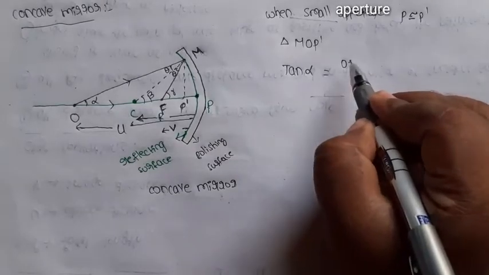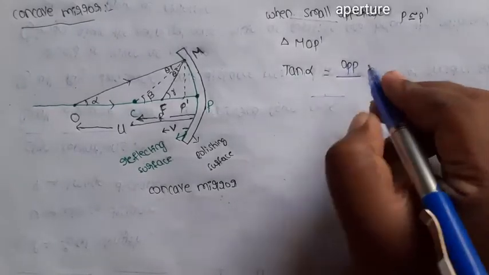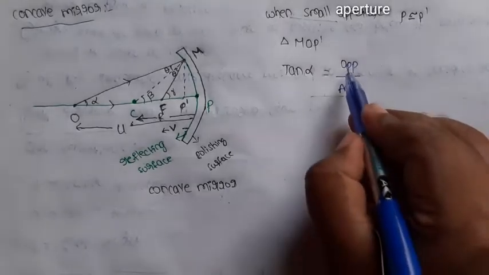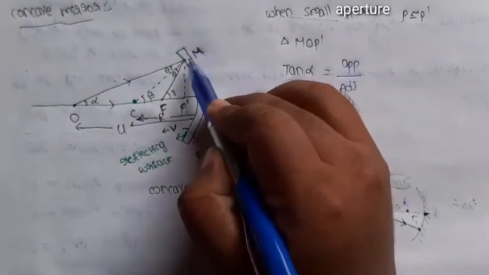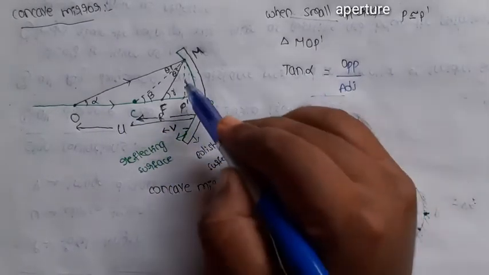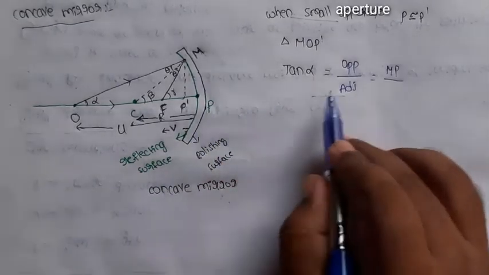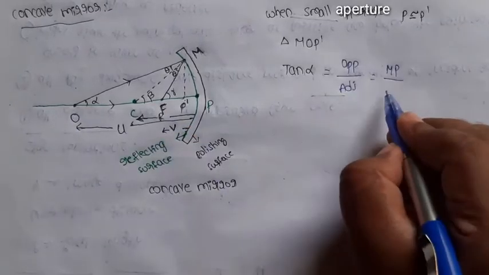Opposite by adjacent side. In this triangle M O P dash, the opposite side is MP. The adjacent side is P dash O.